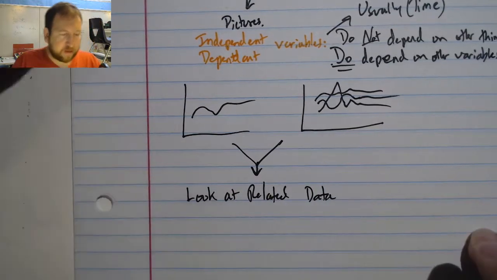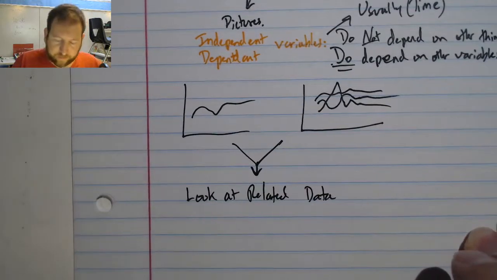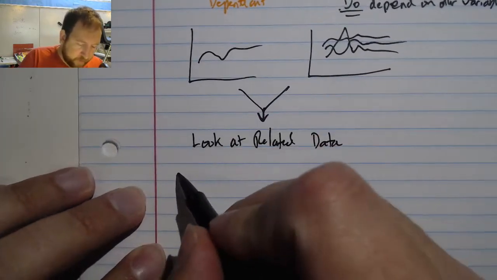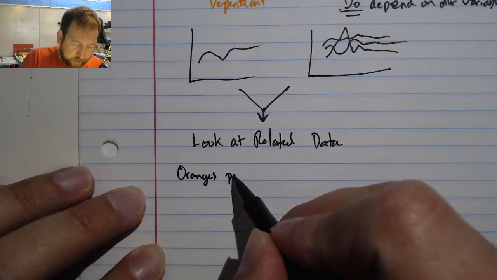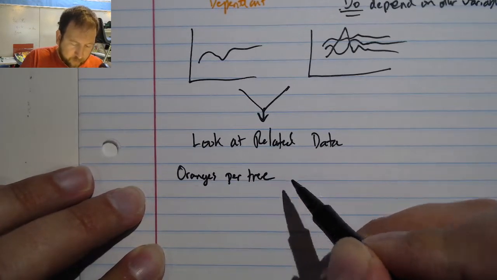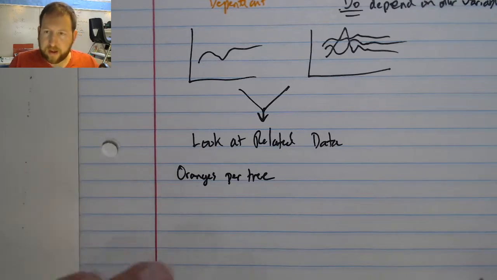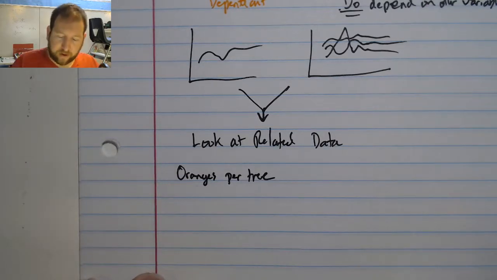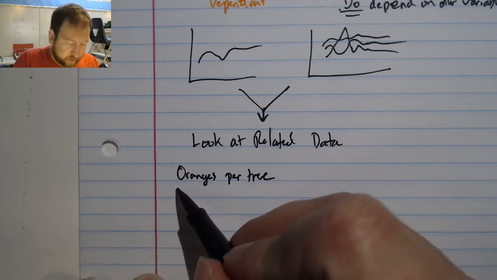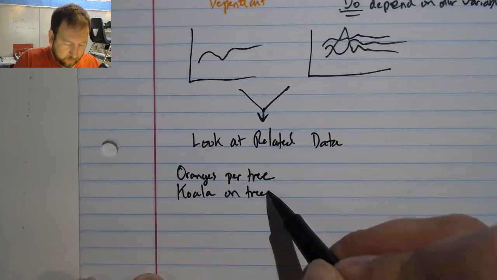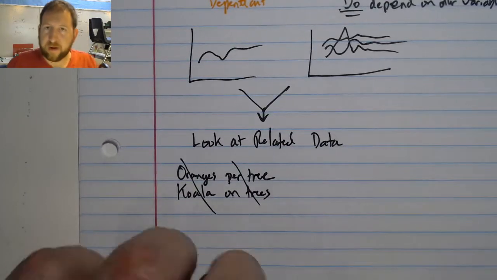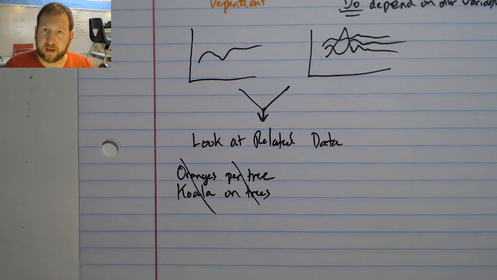That means if I had two things, like, for example, if I was looking at oranges per tree, and I wanted to graph it on a line graph, I would not want to put the amount of koalas on trees as well. These would not be very helpful variables to look at at the same time.